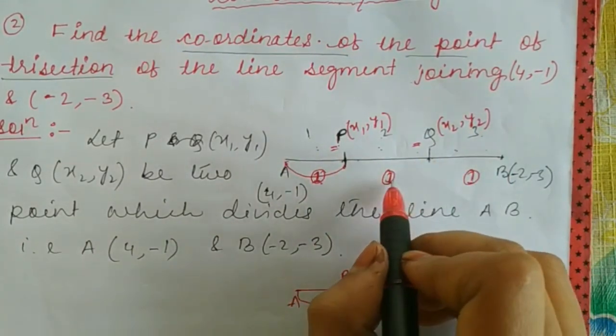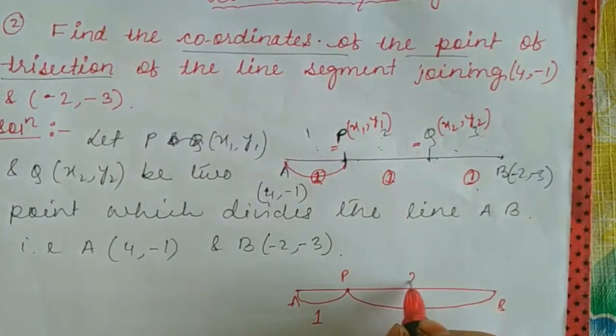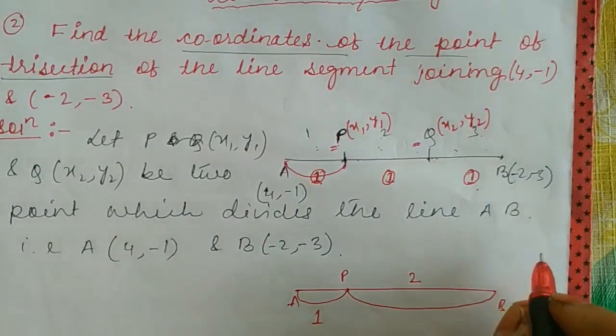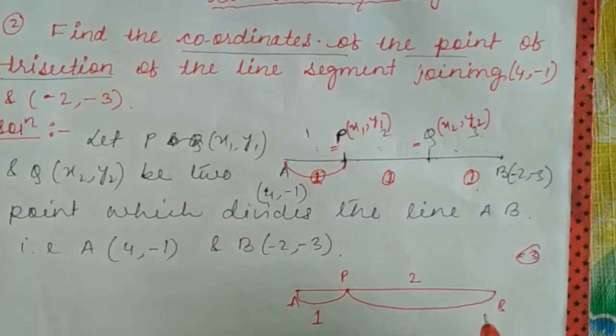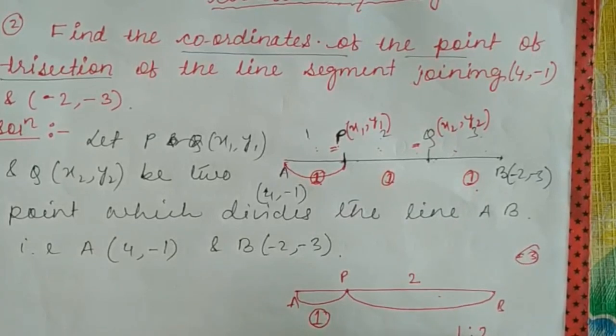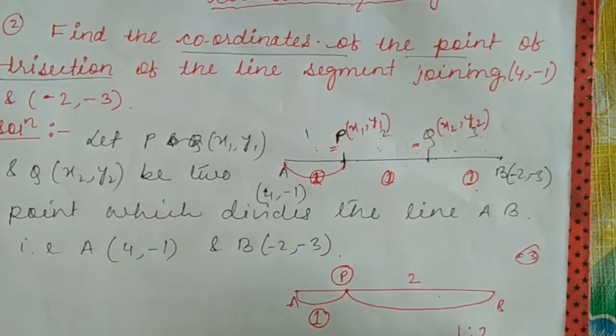PQ is again 1 and QB is again 1. That means 1 plus 1 is 2. So 1 plus 2 equals 3. So the ratio of these 2 parts is 1 is to 2. In case of P, the ratio of AP is to PB equals 1 is to 2.